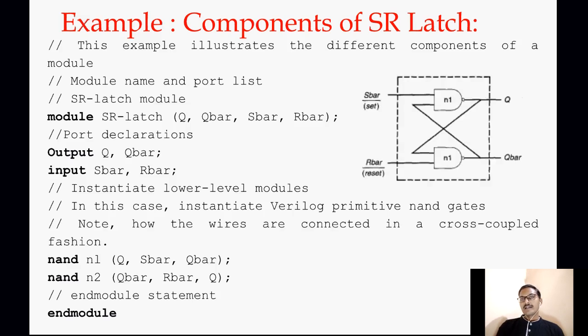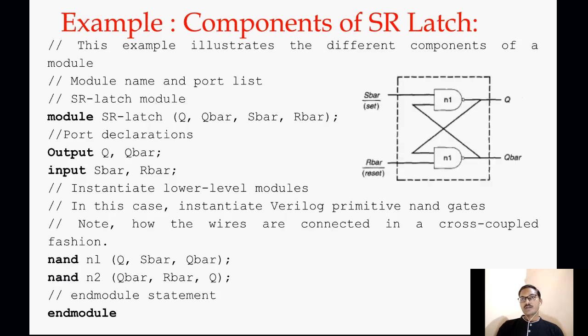So module is the keyword, then SR_latch is the module name. Then in brackets we are going to specify the port list. When we write the port list, we write the output ports first and then the input ports.